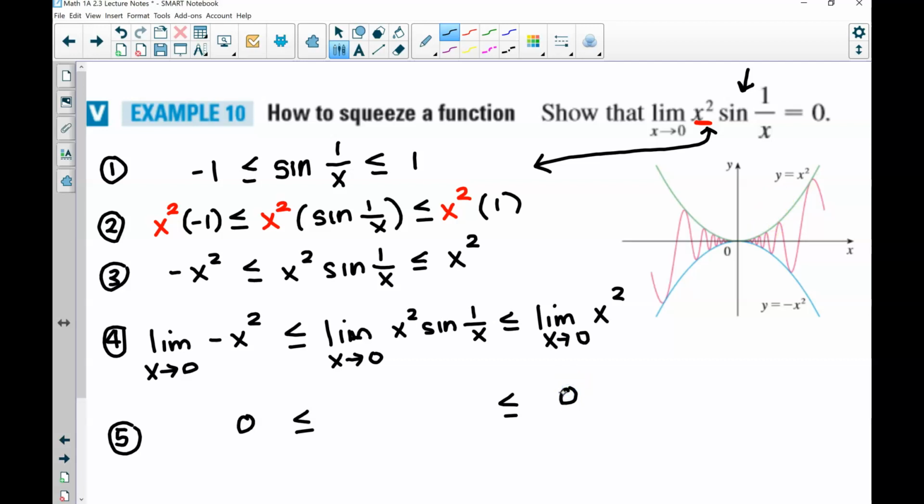Because it's 0 on both sides, by the squeeze theorem the limit as x approaches 0 is in between those two values, so it also has to be 0.